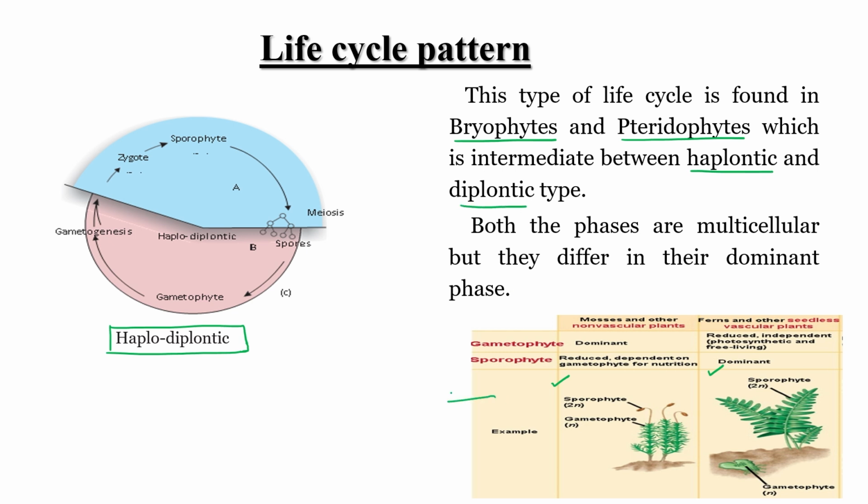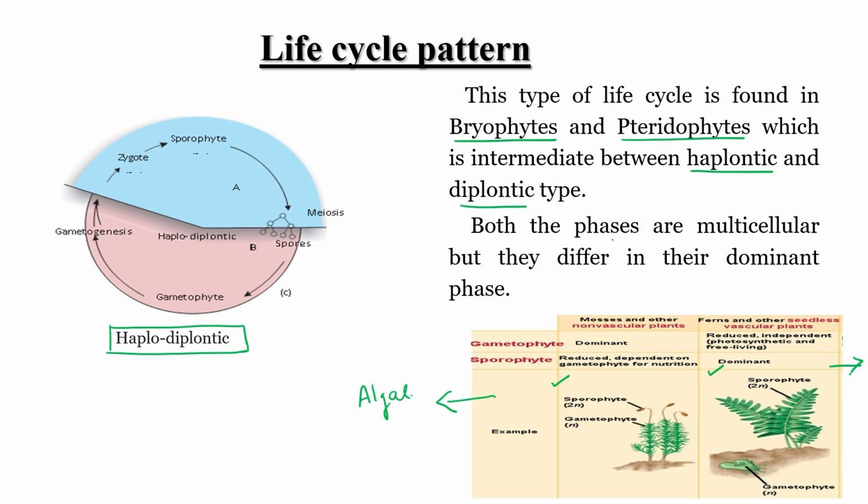Haplontic is the earlier one, in which algae come, right? And diplontic is after this, meaning gymnosperm and angiosperm. So these two, bryophyte and pteridophyte, come in between these two, and they follow the haplodiplontic type of life pattern.